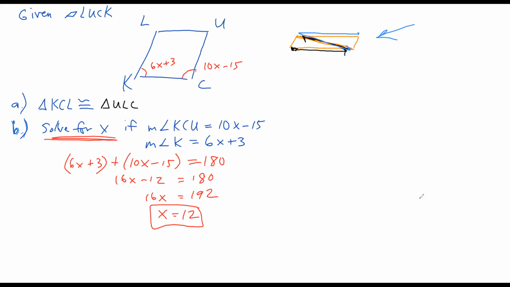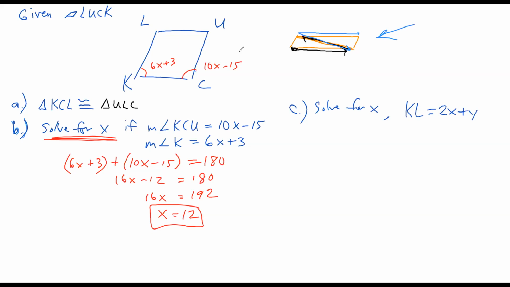Okay, another type that we'll do is we'll do one more in this one. We'll do a part C. And this would be where we want to solve for x again. But this time they're telling us KL segment, the segment length is 2x plus y.